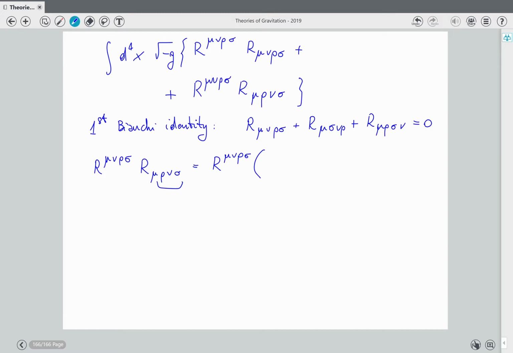We write with a minus sign, so it will be the sum of the two cyclic permutations of those three. So we have rho nu sigma. We move one place to the right, rho nu sigma, plus two places, rho nu sigma.